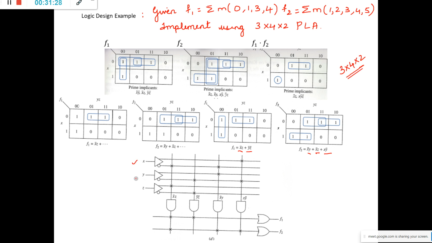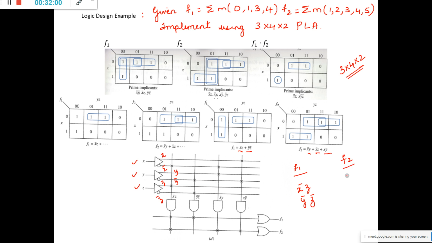This is X, Y, Z. For the number of input lines, we get here X, X bar, Y, Y bar, and next Z, Z bar. So how many distinct product terms are there? I will write the F1 product terms here. X bar Z and Y bar Z bar. F1 has two product terms.